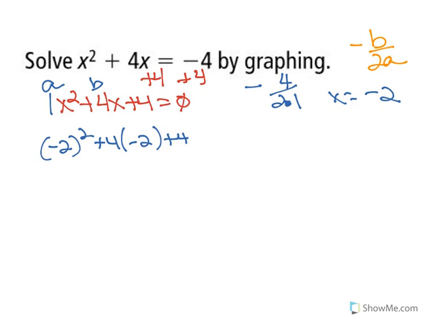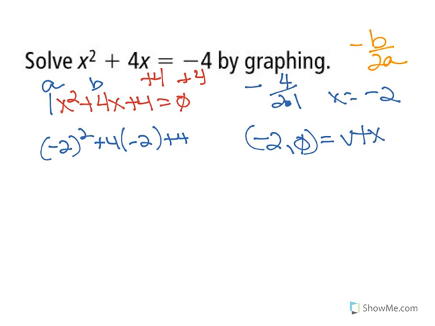Let me put it in my calculator. It is 0. So our vertex is negative 2, 0.